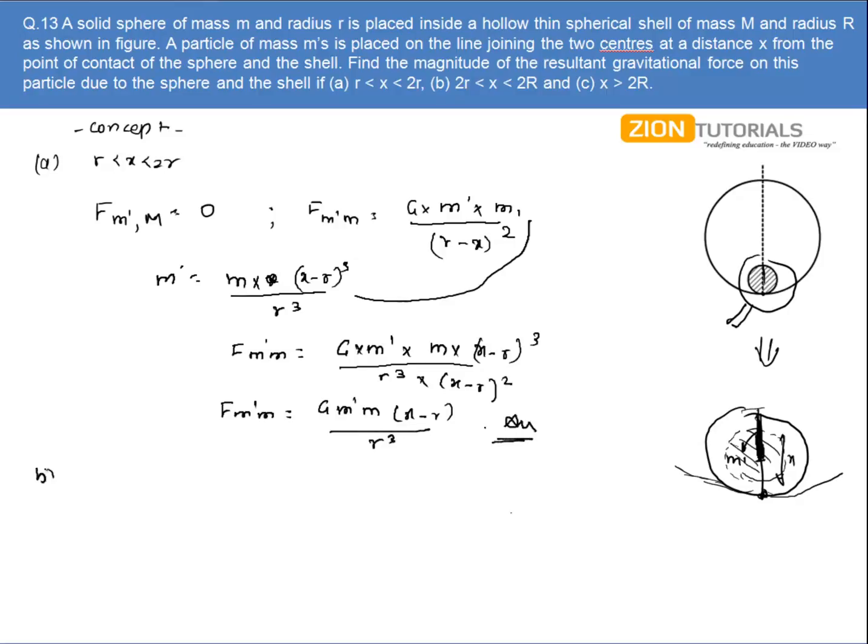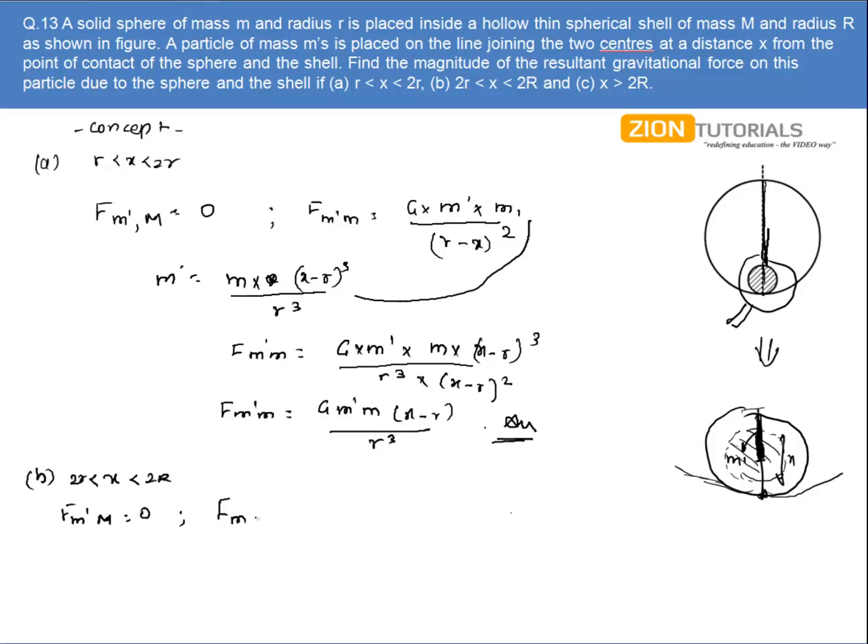In the second part, the value of x lies between 2r and 2R, which means it is lying somewhere over here. Again, when the particle is lying in this region, the force on the particle due to the outer sphere will be 0, since it is lying inside the hollow sphere.